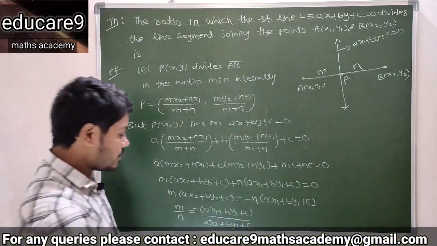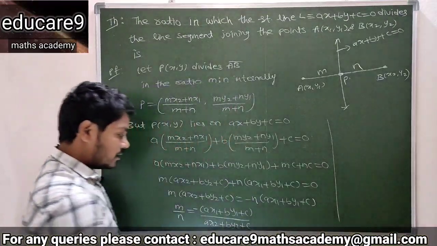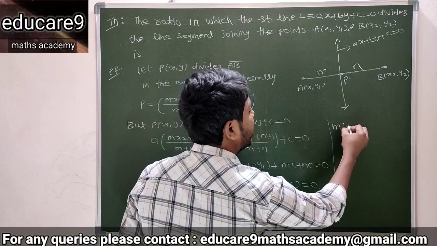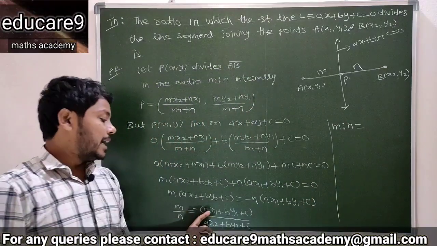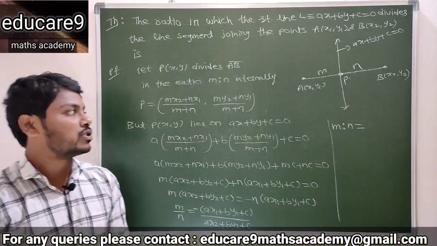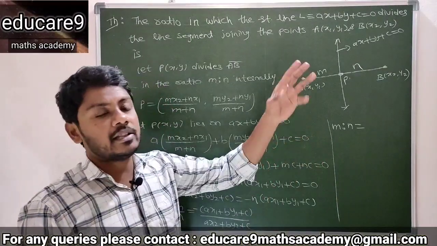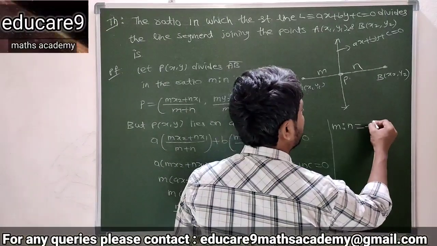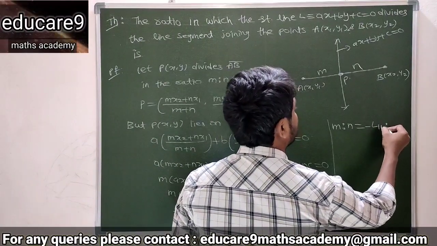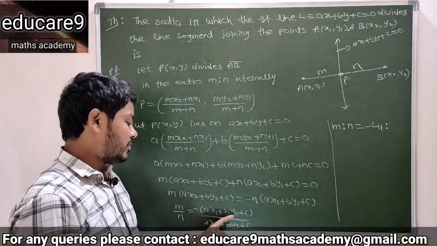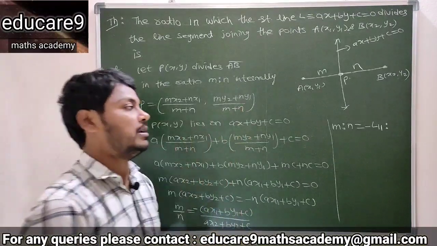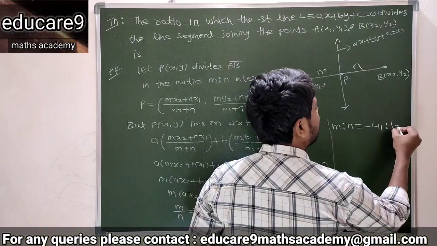Now, m is to n, the required ratio, is equal to minus (ax1 plus by1 plus c) by (ax2 plus by2 plus c). Here ax1 plus by1 plus c denotes that A lies on the line ax plus by plus c equals 0, simply denoted by L11. And ax2 plus by2 plus c means B lies on the line, simply L22.